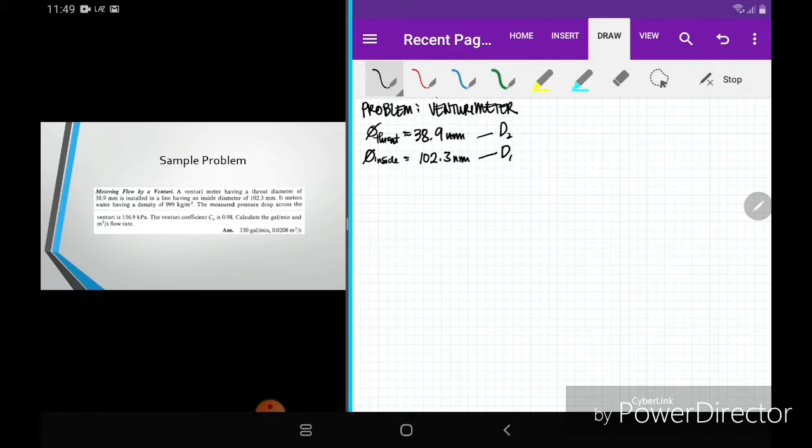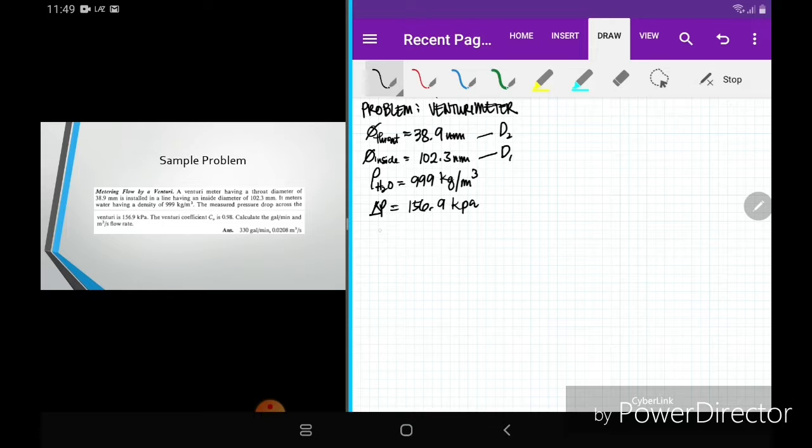It meters water having a density. So, the density of water is equivalent to 999 kilograms per cubic meter. The measured pressure drop across the venturi, so delta P is equivalent to 156.9 kPa, kilopascal.